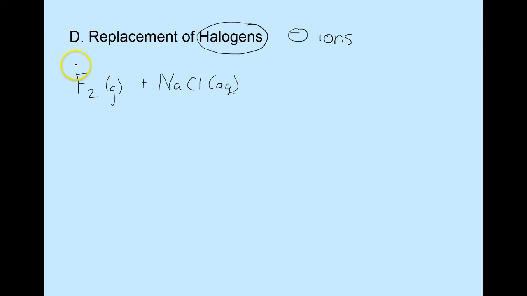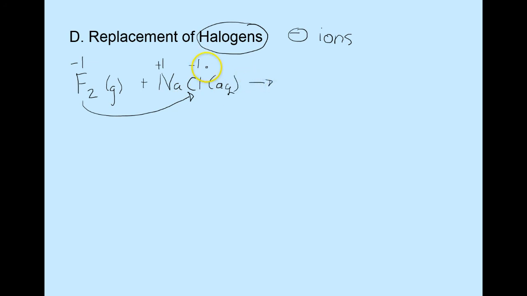Now, fluorine in a compound has a negative 1 charge. Sodium is positive 1. Chlorine is negative 1. So you have to be careful with this because there's not as many negative ions that do the replacing. Fluorine, because it's negative, is going to kick chlorine out of solution. Negative is going to kick out negative.